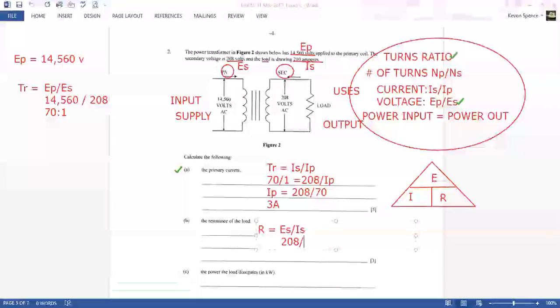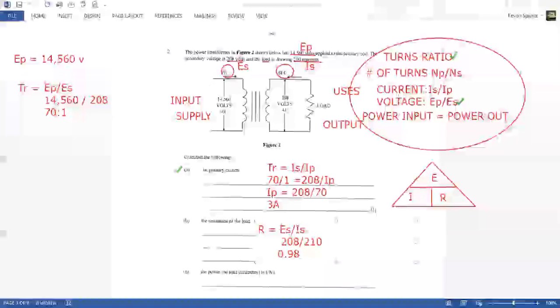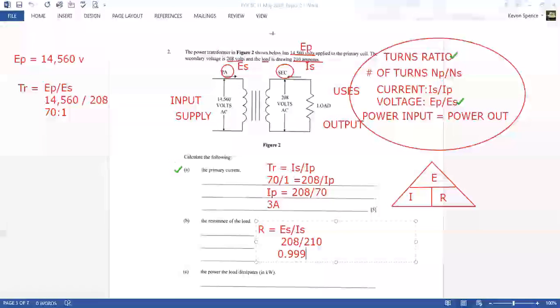ES is 208. We'll divide that by 210. And we should get something like 0.98 something, 0.99 or something like that.